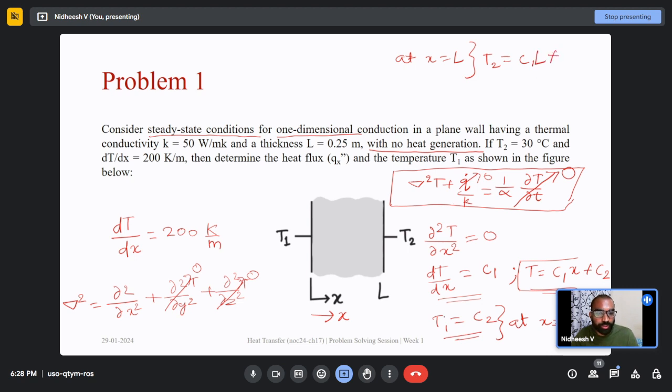C2 we already know is T1, right? Then simply rearranging, we can see that C1 equals T2 minus T1 by L, right? And what is C1 actually? C1 is dT by dx.